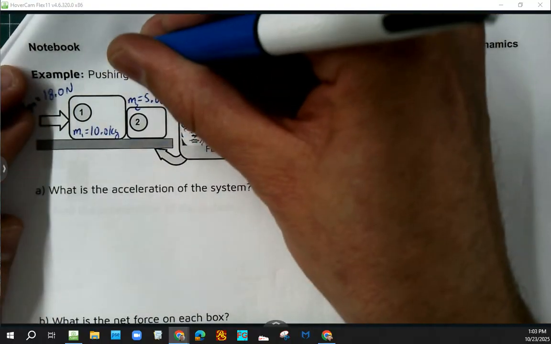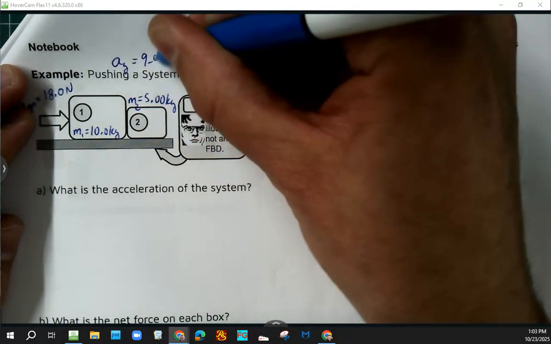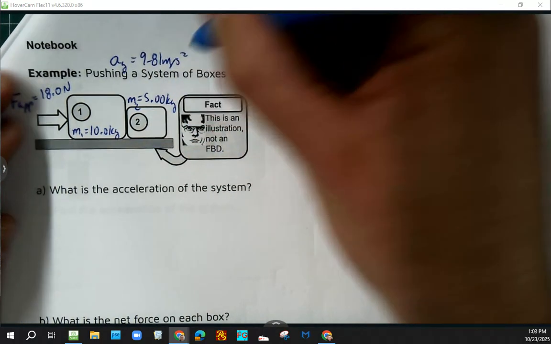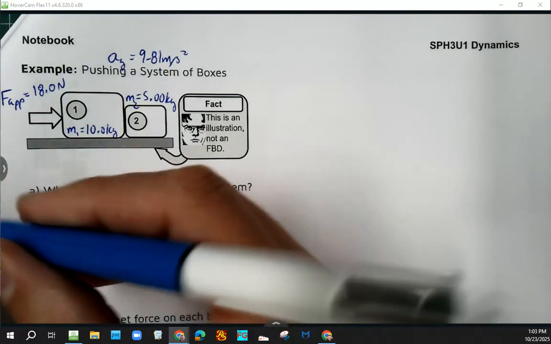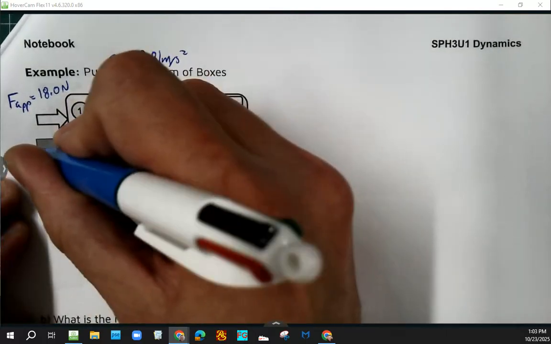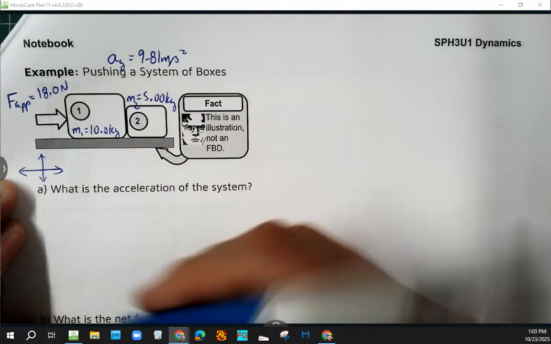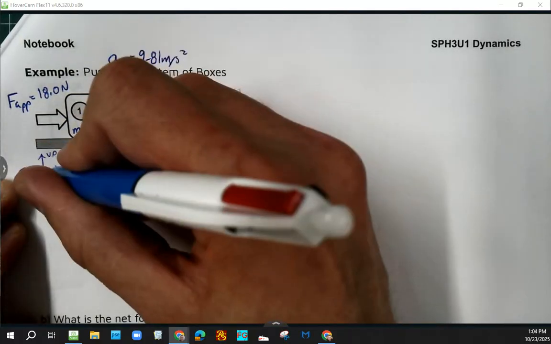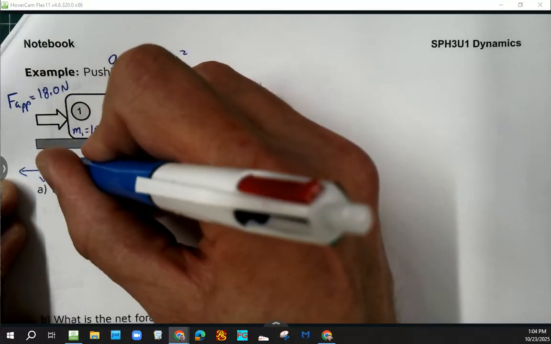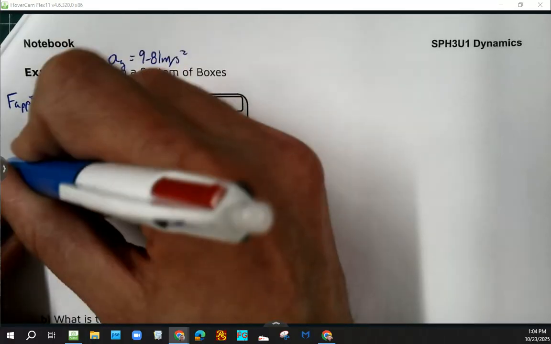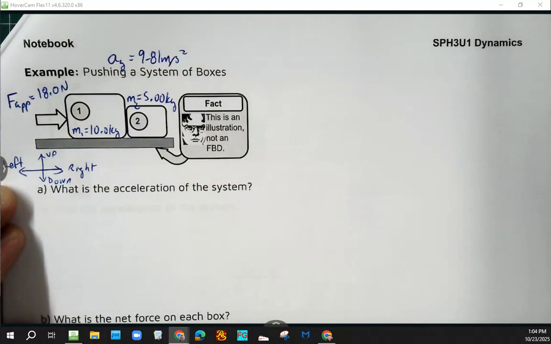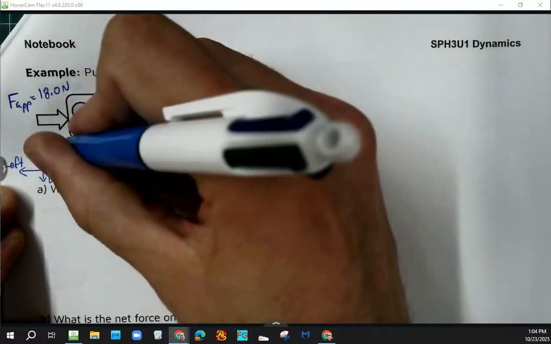Acceleration due to gravity, we're on Earth, 9.81 meters per second squared. And I'm just putting out information. Let's say that for these sliding boxes, we'll have an up, down, right, left reference frame, and we'll make up be positive and right be positive. Sure, why not?